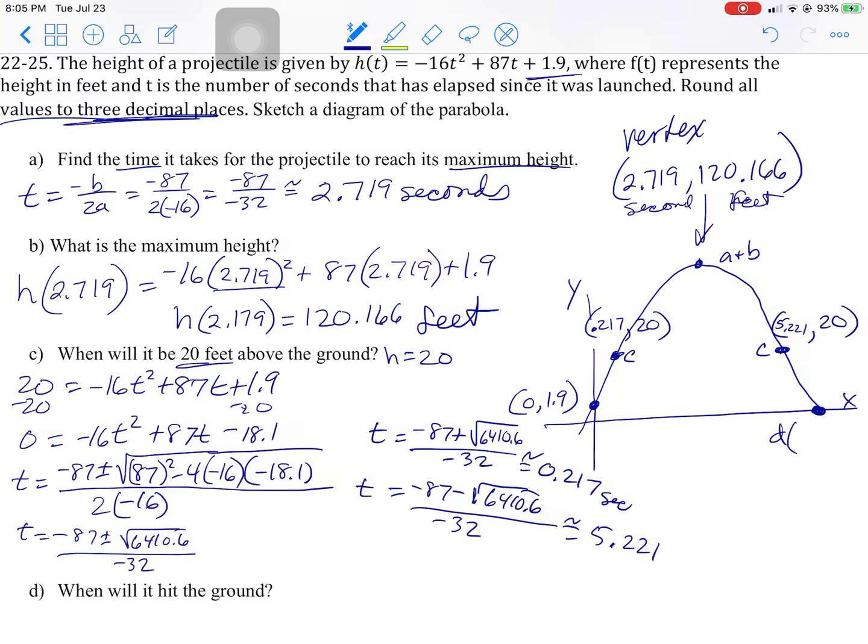That makes sense. At 0 time it starts, it goes up all the way to max at 2.7 and then comes back down. So 5 seconds later it's over here. So those are the 2 seconds you need for the answer to that one.